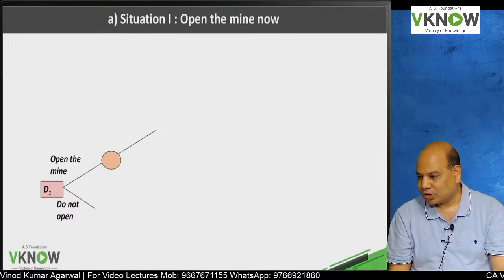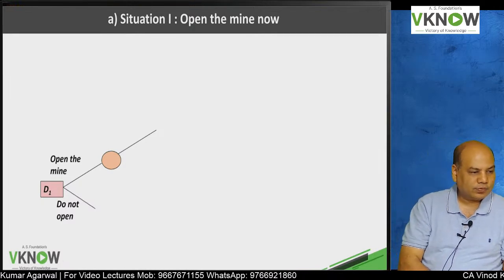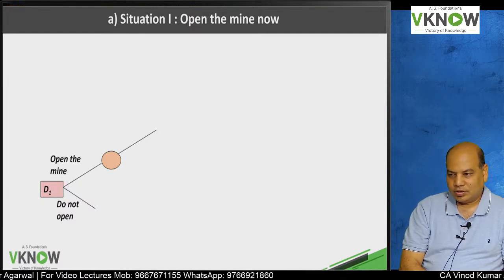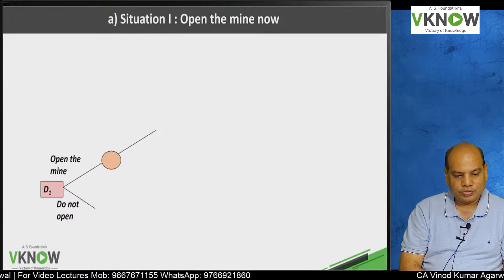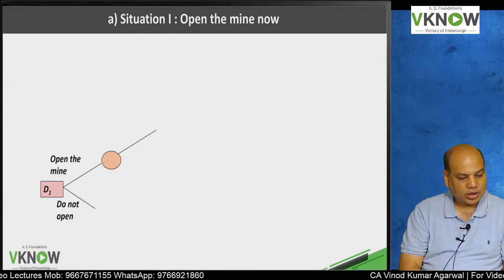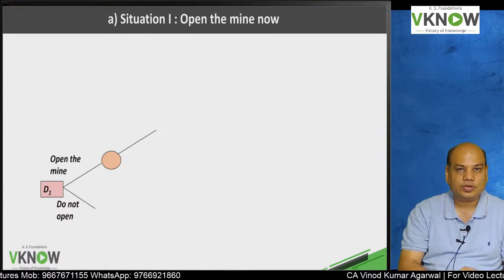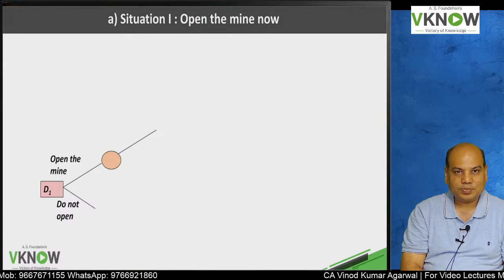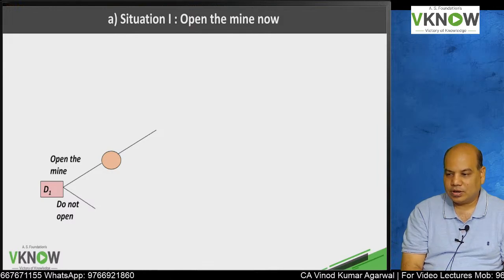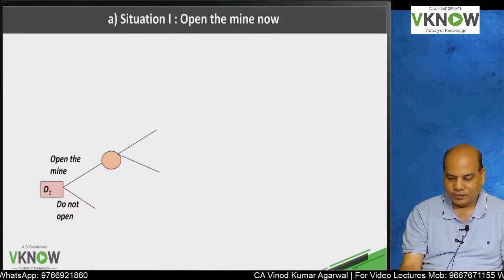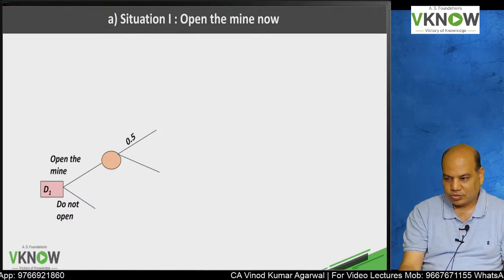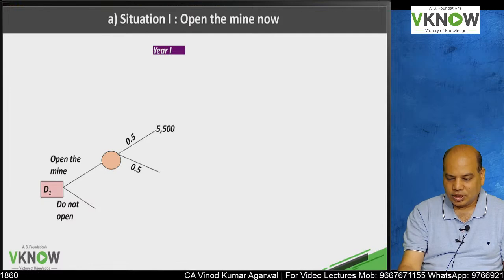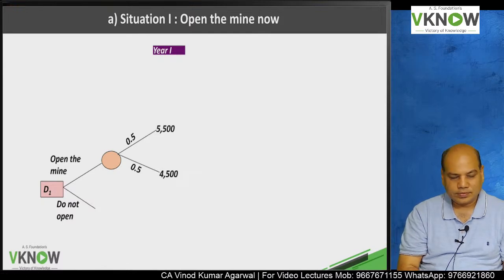So how would the flowchart look like? First I am going to draw a diagram for you. Diagram is not mandatory because they have not asked for a diagram, but without a diagram it is difficult to visualize the entire problem. So D1, write down open the mine, do not open the mine. If you open the mine today, then after year 1, there are 2 possibilities of gold prices.